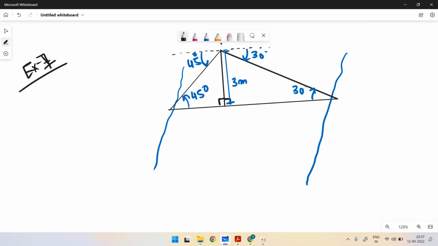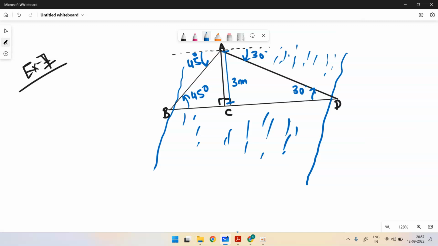Let me rename this as A, B, C, D. What is the width of the river? You need to find the value of BD. Ultimately, one just needs to find the value of BD.